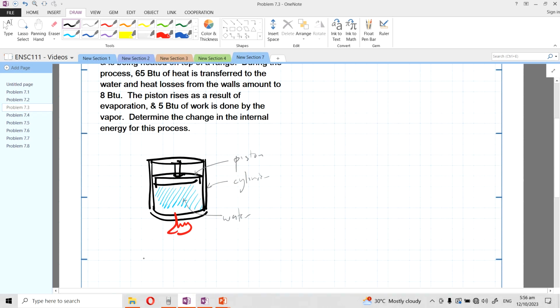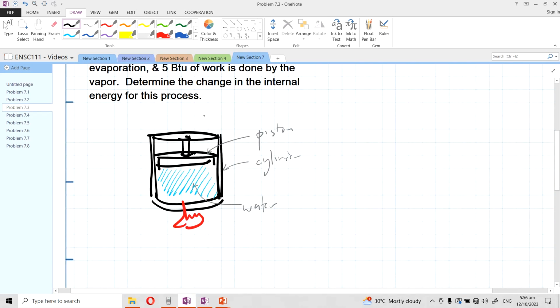So here's our figure, an illustration. We have a piston cylinder device. When we say piston cylinder device, it's not just limited to internal combustion engines, although that is also a piston cylinder device. The concept is that we have this moving cover.